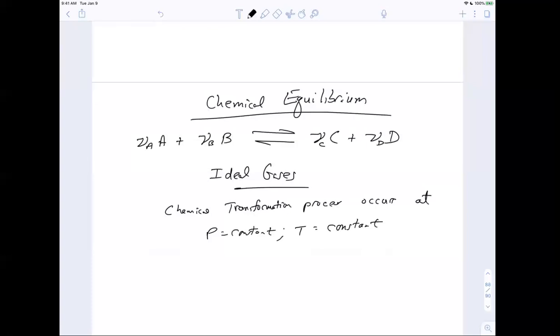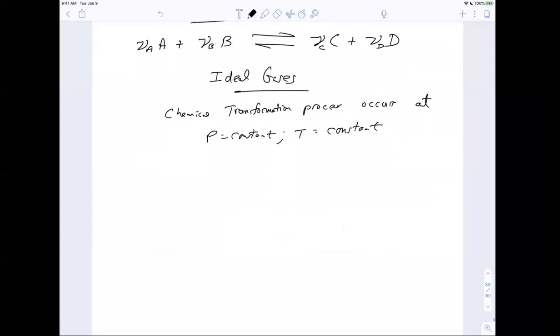Okay. Everyone got that? So what that means is, all right. If I define this abstract thing, and don't be afraid of abstraction, abstraction should be your friend, not your enemy. I'm going to label something called epsilon, and I'm going to let that be the extent of complete transformation.